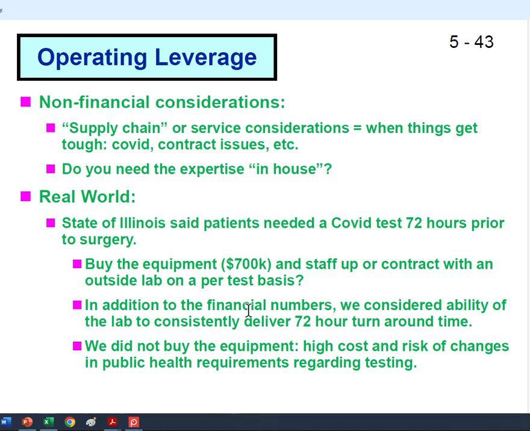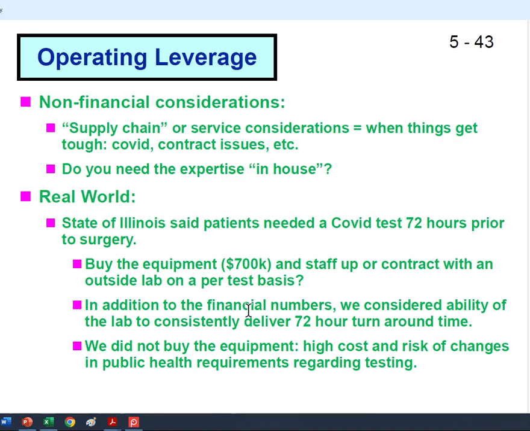During COVID, I'm involved with five, six surgery centers. The State of Illinois said you have to have a COVID test 72 hours prior to surgery. So you can imagine, it's the year 2020. Surgeries shut down for a few months. All but emergent was shut down. They're opening it up, and now the state says you have to test everybody.